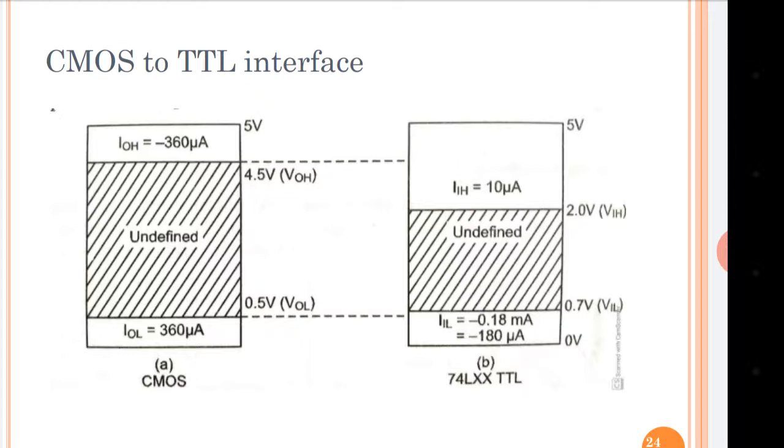It is evident from the figure that, of the equations which we have discussed previously, the first equation is satisfied, that is VOH of the driver is greater than or equal to VIH of the load. Then the second voltage equation is also satisfied.